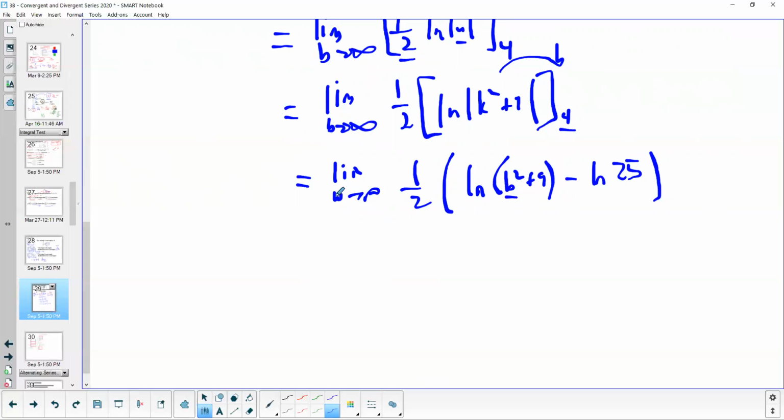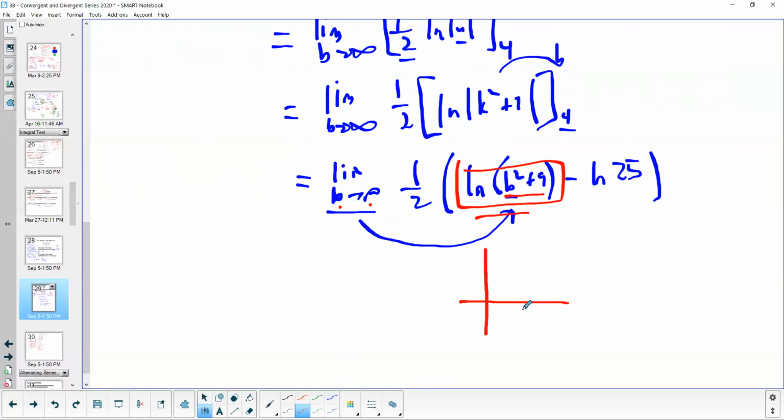And so now we can finally evaluate our limit here. This was the whole purpose of doing the limit as b approaches infinity. If I look at this particular value, and let's put a box around it, the natural log of b squared plus 9, as b approaches infinity, b squared plus 9 gets infinitely larger, which means the natural log also gets infinitely larger.